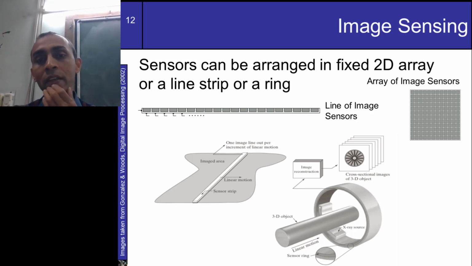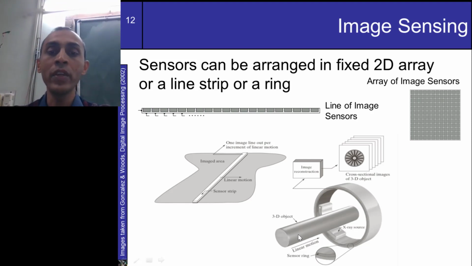And this is what we said, that different devices will have different arrangements of the sensors. In normal digital cameras we have 2D sensors. In scanners we have just a 1D strip of sensors, but it is combined with a linear mechanical motion to capture the entire surface. And in some advanced medical imaging devices like MRIs, we have multiple motions.